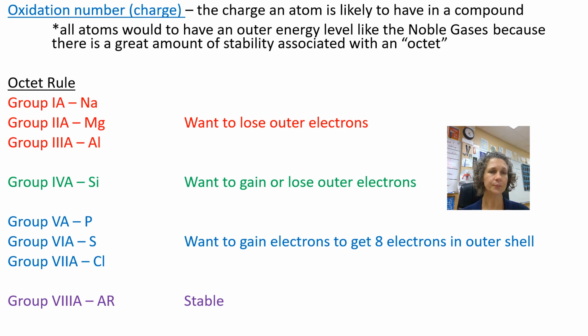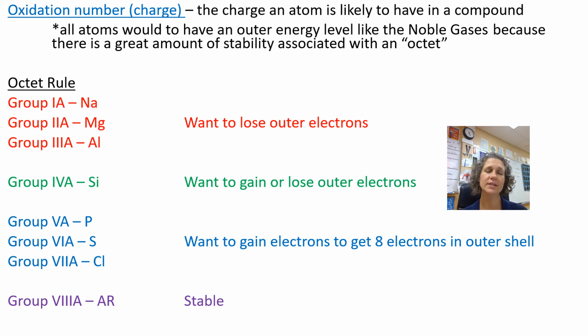And so the oxidation numbers come about by either gaining or losing electrons. Remember, we've talked about that. And the reason they do that, which we haven't really talked about, is that atoms either gain or lose electrons so that they can have an outer energy level like the noble gases, the very last column.